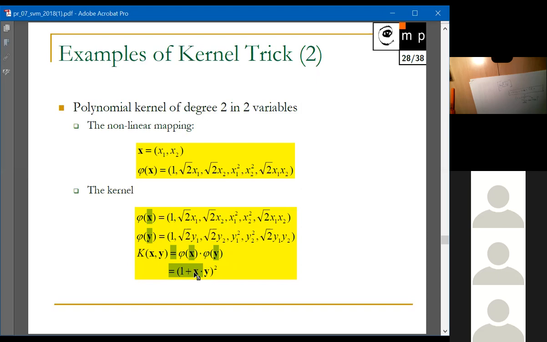But you can have a kernel function that is much simpler to calculate, and it's exactly equal. So let's come back to this box, the data matrix D here.